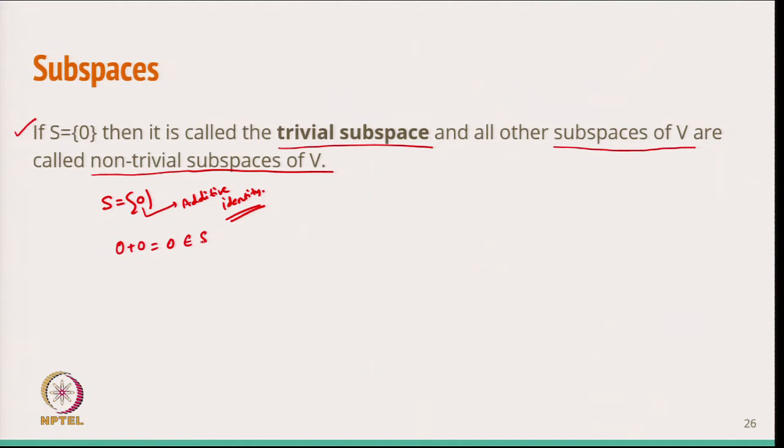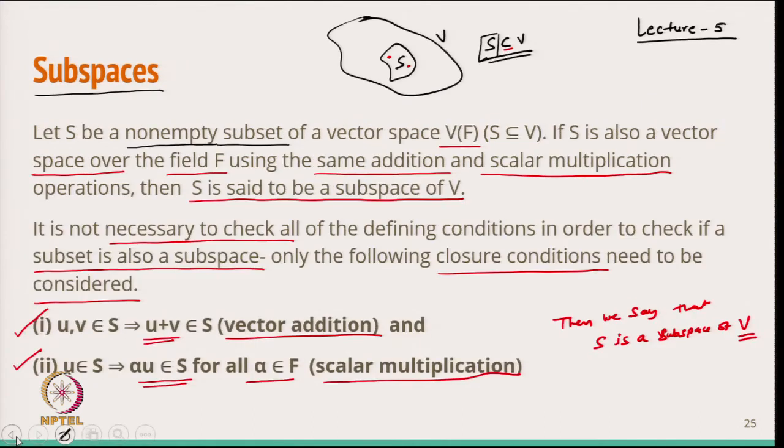So, vector addition holds. Now, if I take any scalar alpha times 0, then for any alpha the product with the 0 vector is again 0, and that belongs to S. So, vector addition is well defined, scalar multiplication is well defined, and we have just seen that if these two properties hold, then it is a subspace.